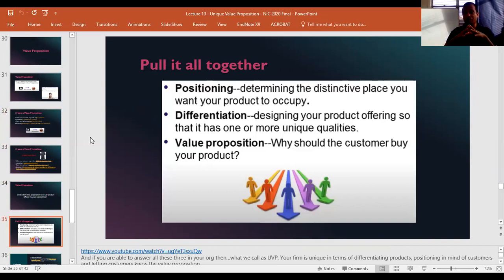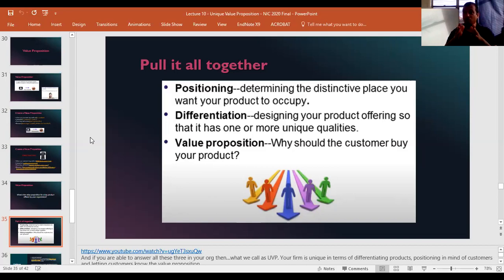That is our objective today, to understand all these three concepts individually, and then if you put all three concepts together, what will happen? What is positioning, differentiation, and value proposition? Once again, positioning is determining the distinctive place you want your product to occupy in the market and in the mind of the customer.